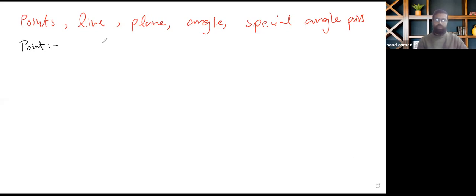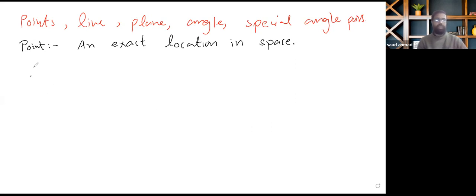And so a point is used to describe an exact location in space or in a plane. Okay, if we want to pinpoint something's location, then we use a point.